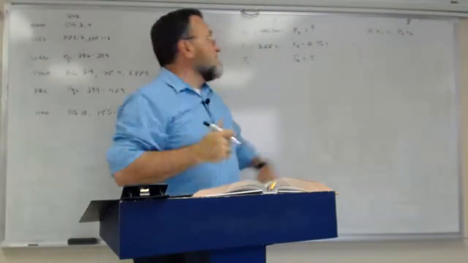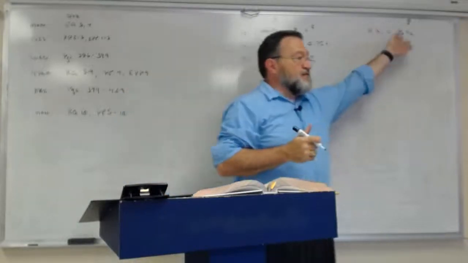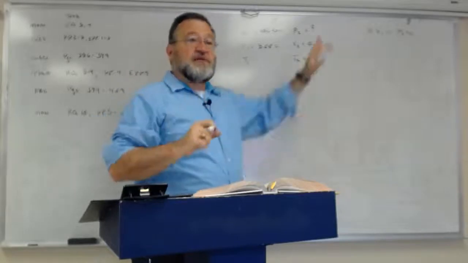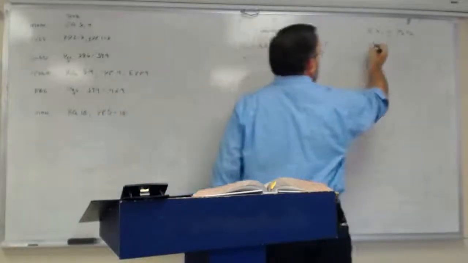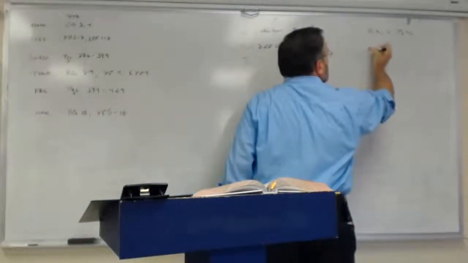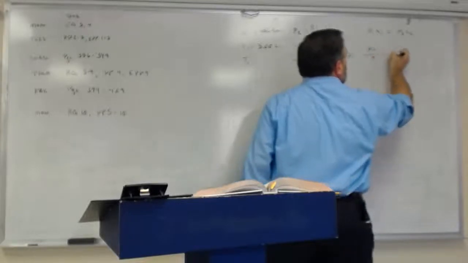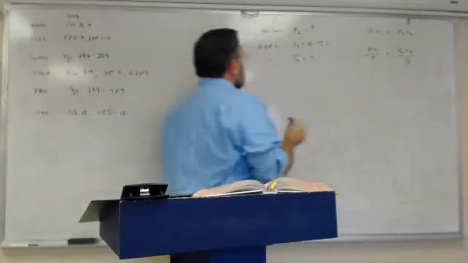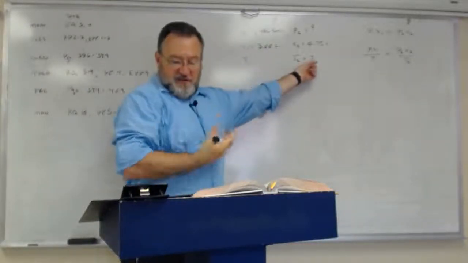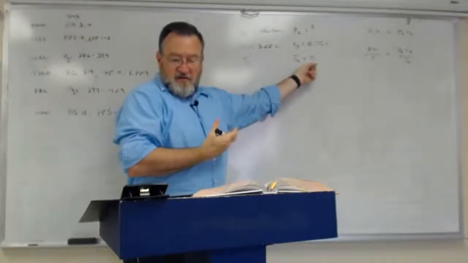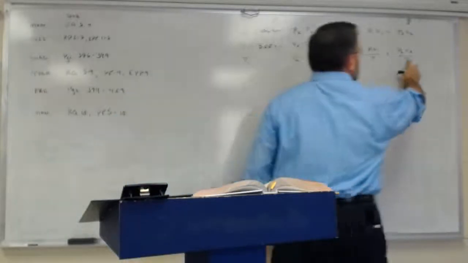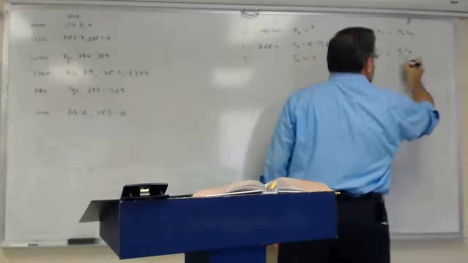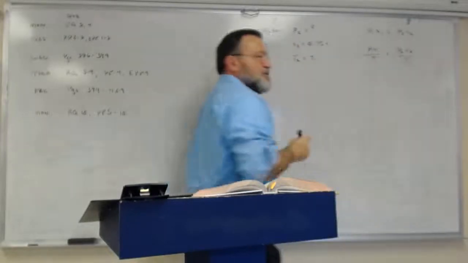If temperature is constant, P1V1 is equal to P2V2. Now, if we wrote down the combined gas law, P1V1 over T1 is equal to P2V2 over T2, and I remember that T2 is equal to T1 because it says the temperature stays constant. Now I know that they cancel out, and so I'm left with Boyle's law.